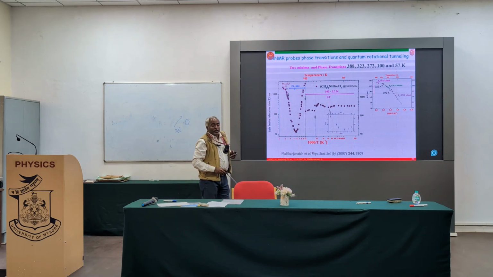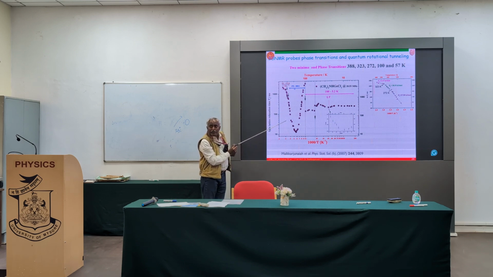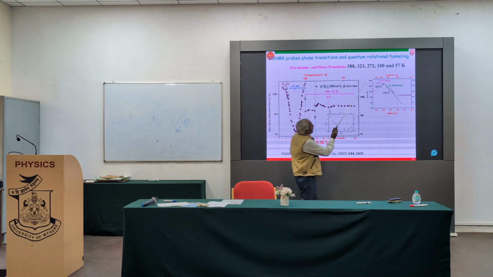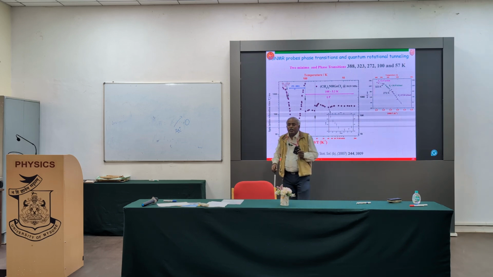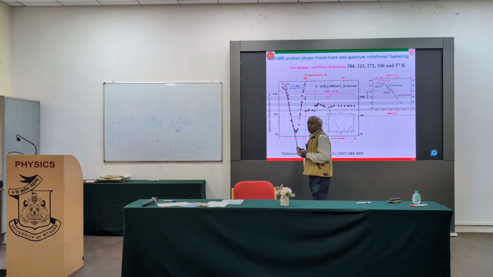That's the indication of quantum rotational tunneling. And when you look at this particular region, can you see that they are almost constantly coming down, right? But the same data, if I plot it in a different way, in this particular fashion, you can see that the way they are varying is different. The slope is not the same, unlike what you assumed, that this entire thing is almost the same.